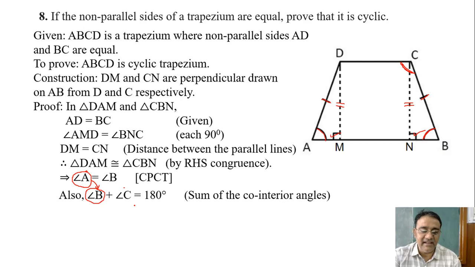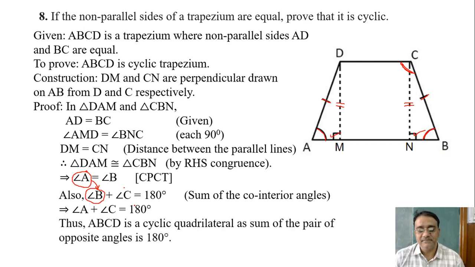So we'll get angle A plus angle C is equal to 180 degrees. Now the pair of opposite angles has become supplementary. That means the sum of the opposite angles is equal to 180 degrees. Therefore ABCD is a cyclic quadrilateral.